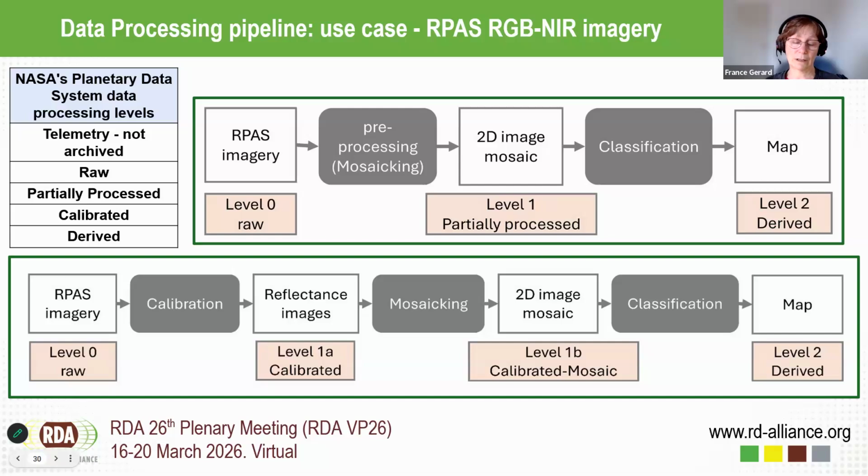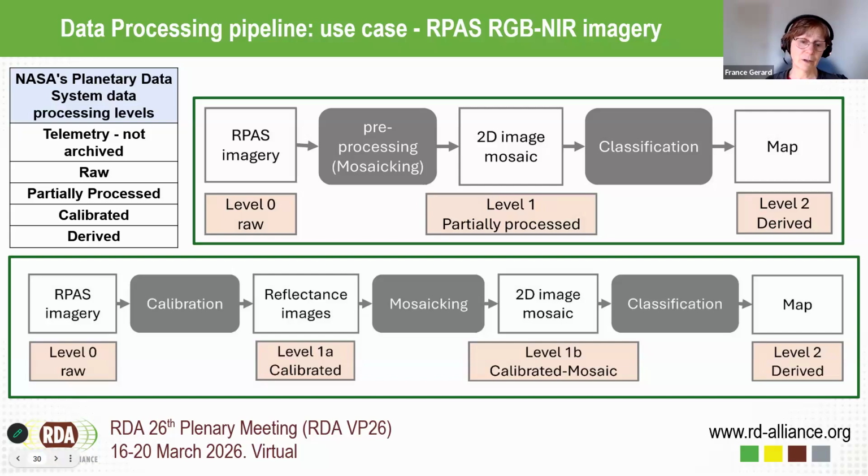And then there would be a classification of the imagery, and that would be the derived data set, which would be a map. So when you stick to the numbering system, you would have level 0 for the raw data that you've collected. Then the pre-processing, which is the mosaicing, would give you a level 1, which is the image mosaic, and you could refer to it as partially processed. And then the map would be level 2.